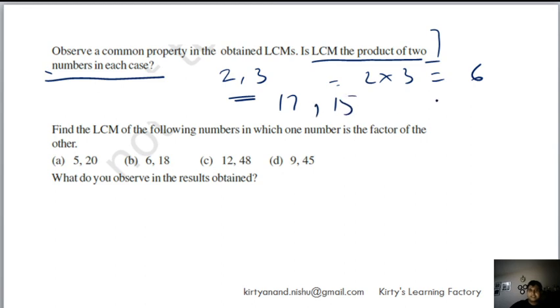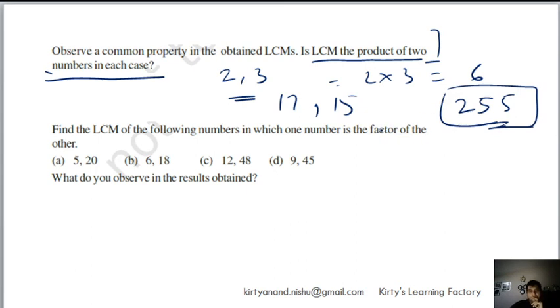LCM will be 17 into 15. Okay. 15 15s are 225 and then you add 30 to it. So that becomes 255. Yeah. So that will be the LCM.